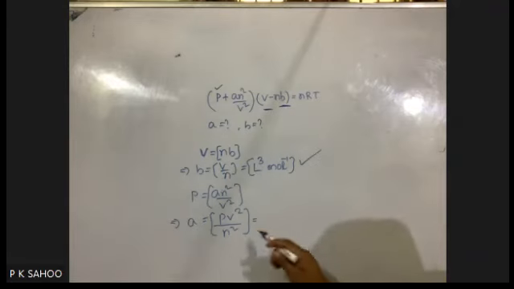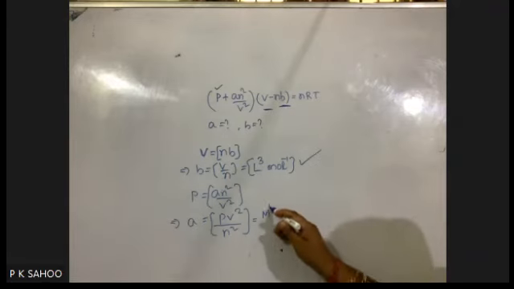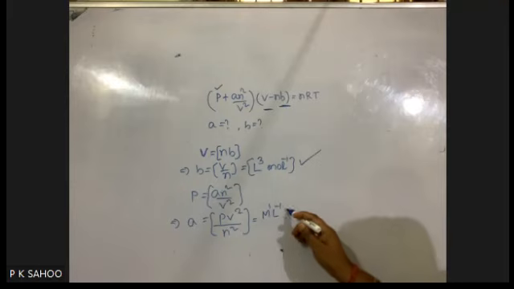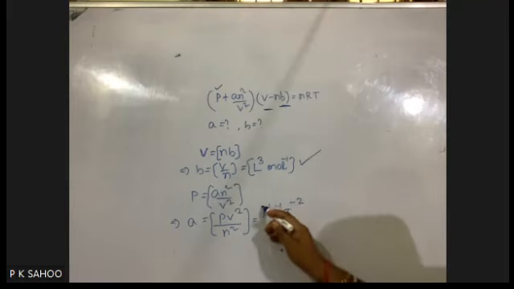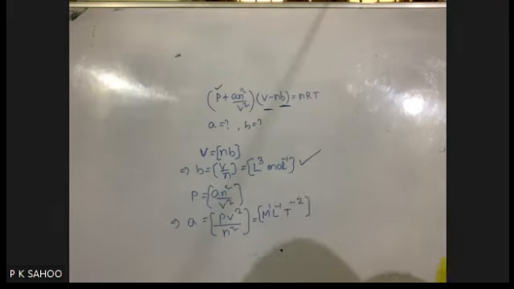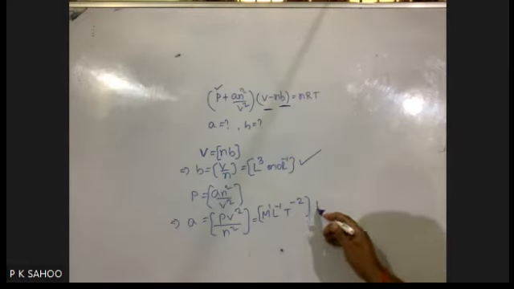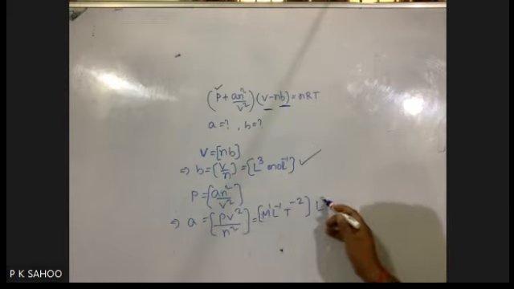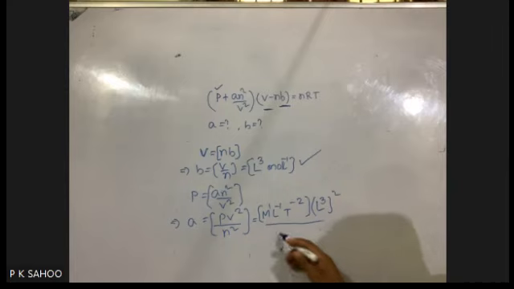P is pressure, M1 L minus 1 T minus 2. V is volume, L to the power 3, and the square is there, so it becomes L to the power 6. This is mole, and this is squared. Then you find it.